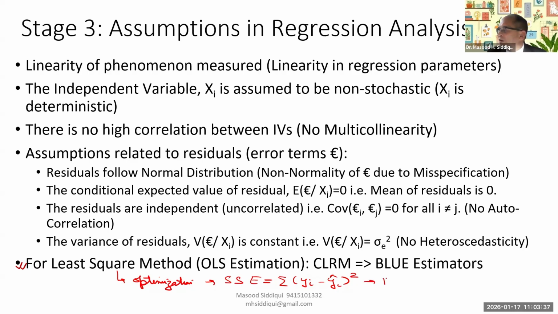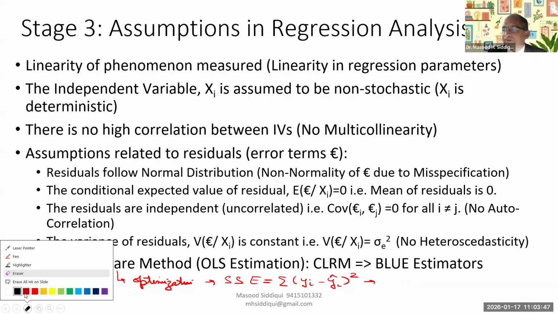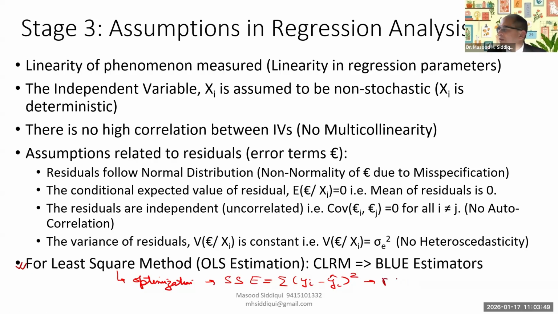And what we do, we minimize this sum of square. And for this minimization, we use the method that is known as the least square method. Another popular name is ordinary least square.